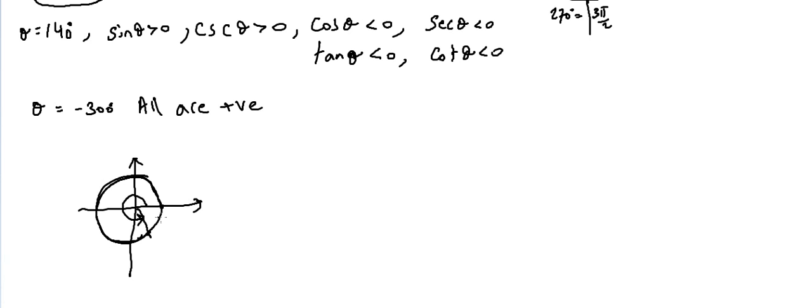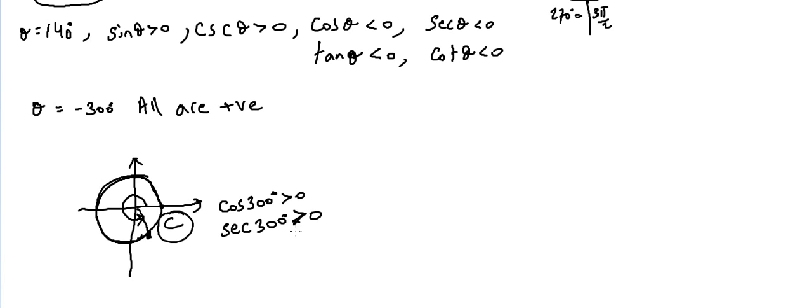No, here it is: all students try cheating. This C here means cosine of angle 300 degrees is positive, secant of 300 degrees is positive, and all other trigonometric ratios, sine, cosecant, tangent, and cotangent, are negative.